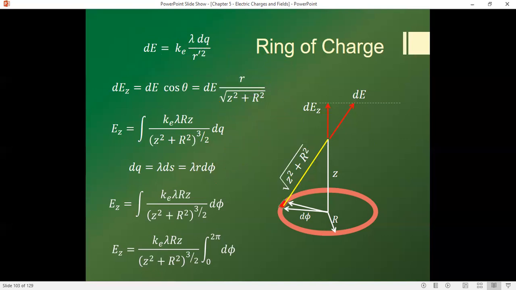Okay. So I combine r squared with the square root of z squared plus R squared, and I get, again, similar to what I got before, z squared plus R squared to the 3/2 power, dq.